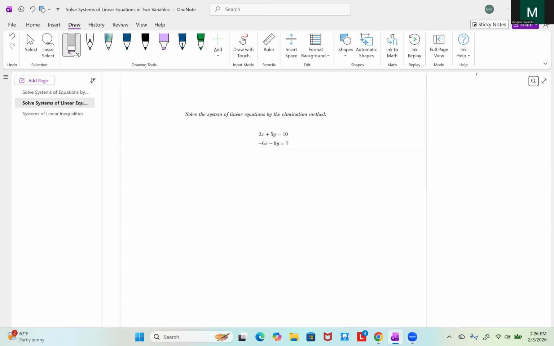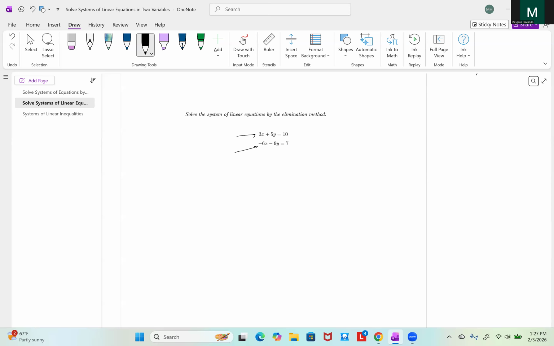So what can we do? We still are going to add the two equations, but we need to manipulate one of the equations by multiplying it by a constant so that one of the coefficients of the variables will be opposite of the other one. So for example, the coefficient of x in the first equation is 3x.